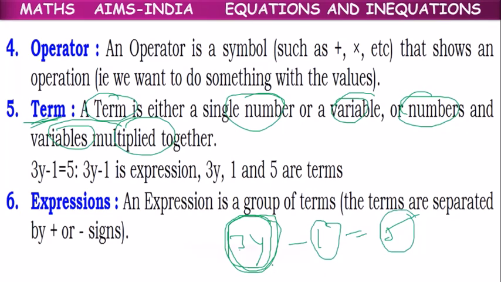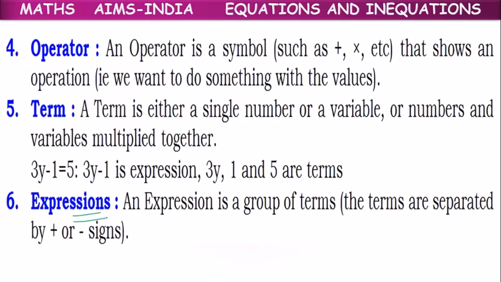The difference of these two terms equals this term. So here we have 3 terms. Here 3y, 1, 5 are terms. In 3y, it's a combination of number and variable multiplied together. 3y means 3 into y. In 1, it's only a number. In 5, it's only a number.